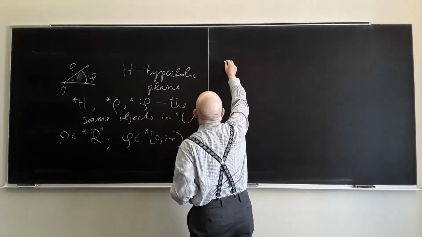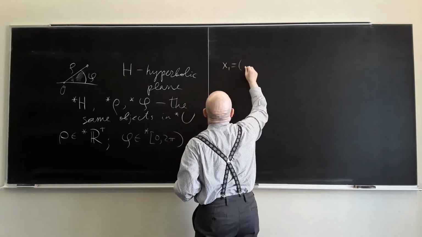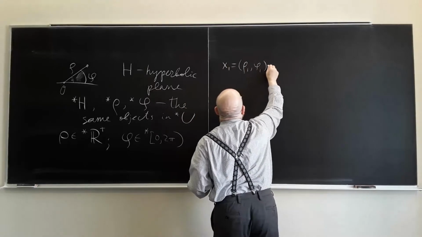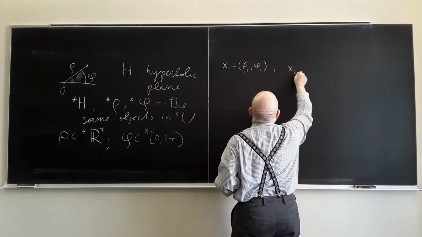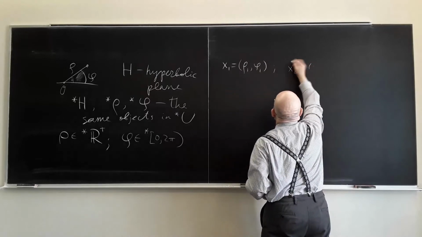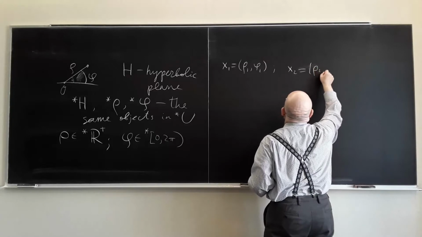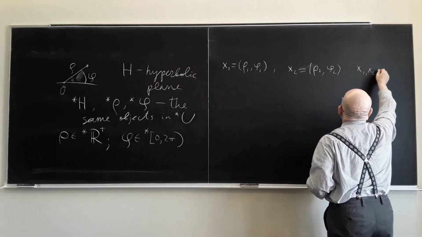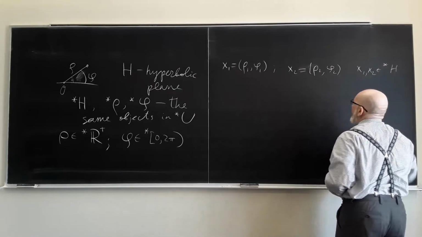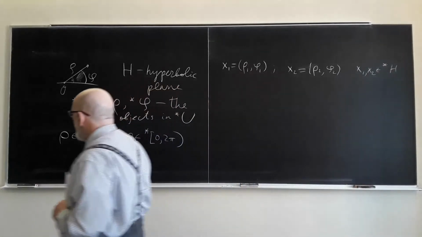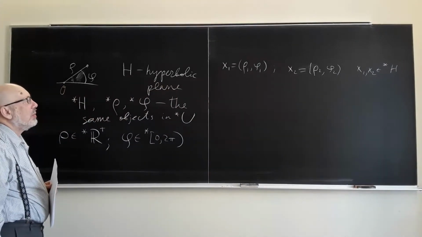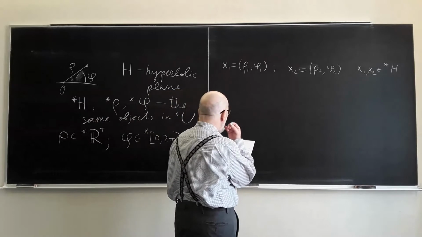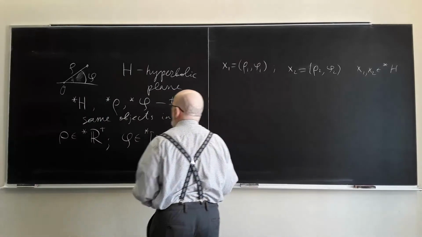If you have 2 points, x1 equals (rho 1, phi 1) and x2 equals (rho 2, phi 2), x1 and x2 in star H, then we more or less derive the following formula.